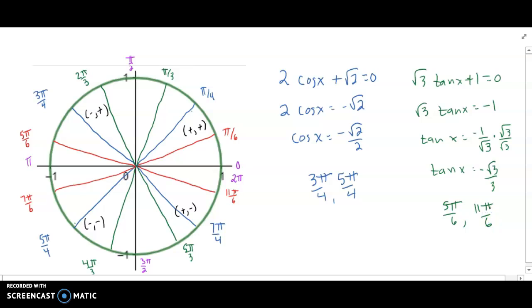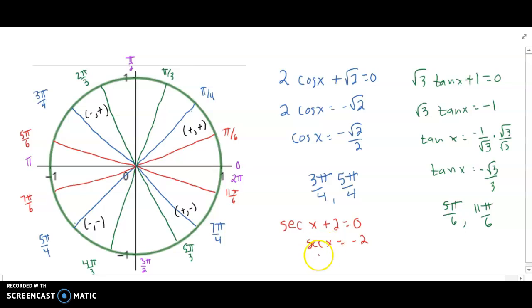Let's try one more. Let's do secant of x plus 2 equals 0. The first thing I'm going to do is bring that 2 over to the other side. And hopefully at that point recognize that I'm really looking for the cosine values.